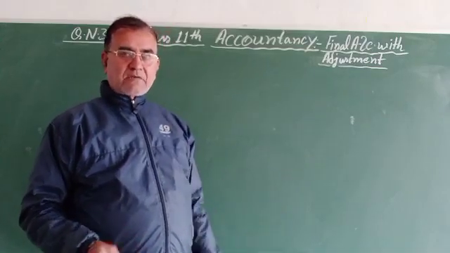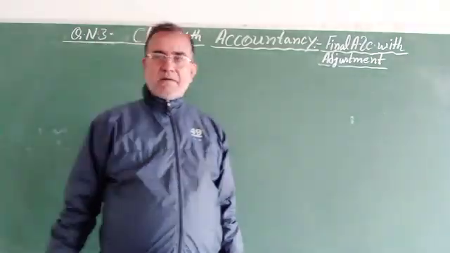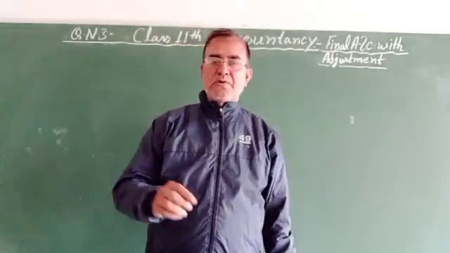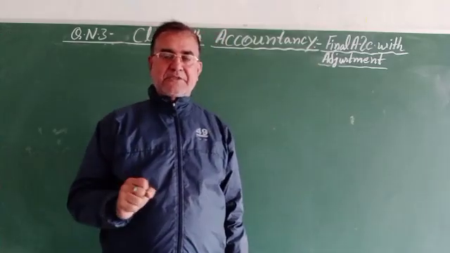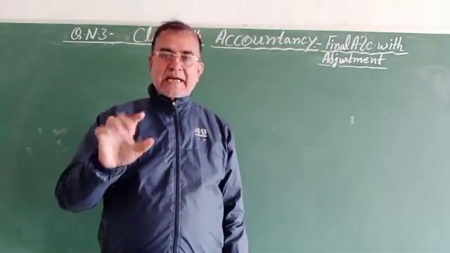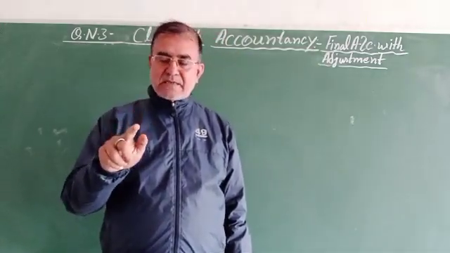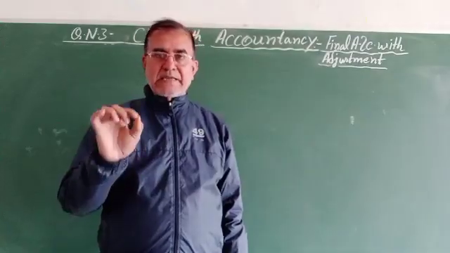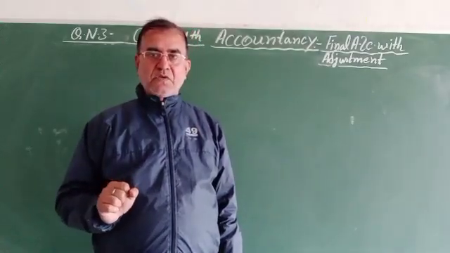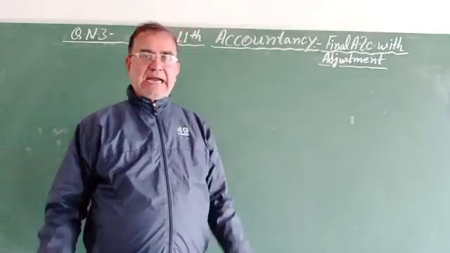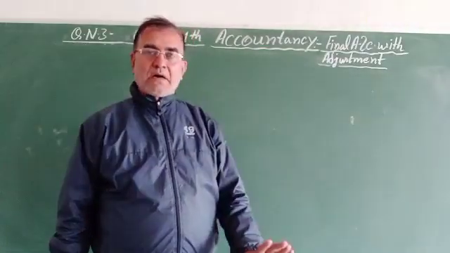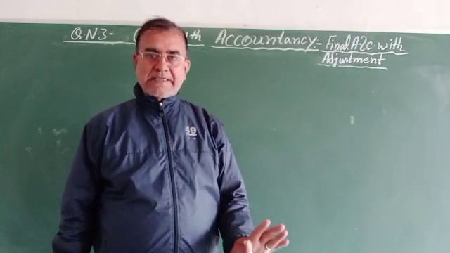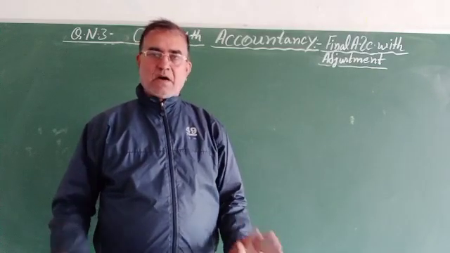Now see the question number 3. First, we have to ascertain by preparing the balance sheet. Any organization ascertains its financial position: what are the assets and liabilities available in the organization.